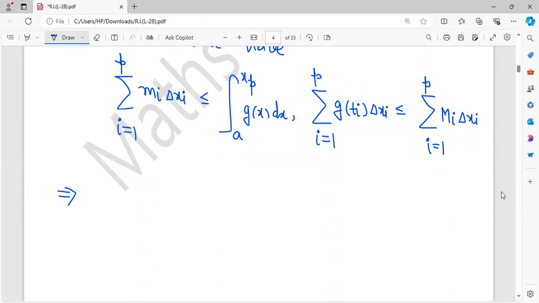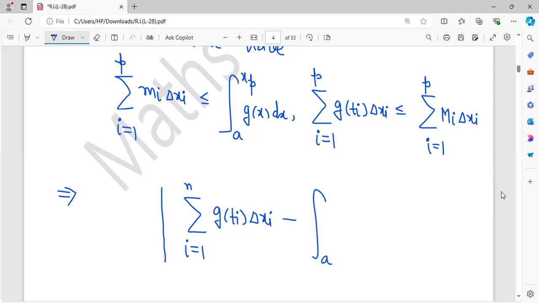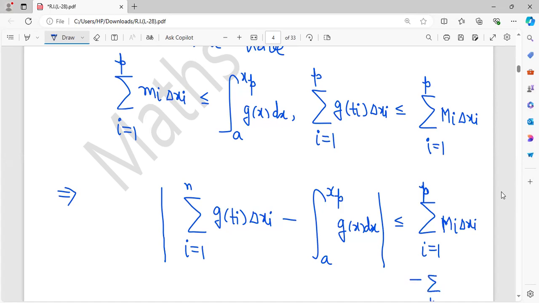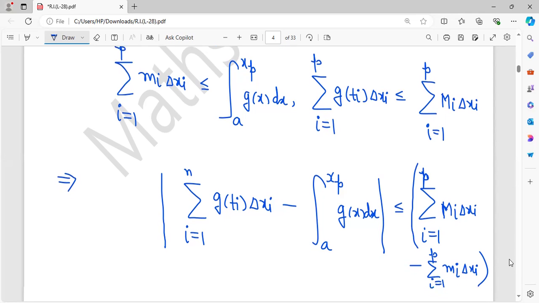So their difference, it means we have summation i goes to 1 to p, g(ti) delta xi minus the integral a to xp g(x) dx, is less than or equal to the summation of capital Mi delta xi minus the summation of small mi delta xi.